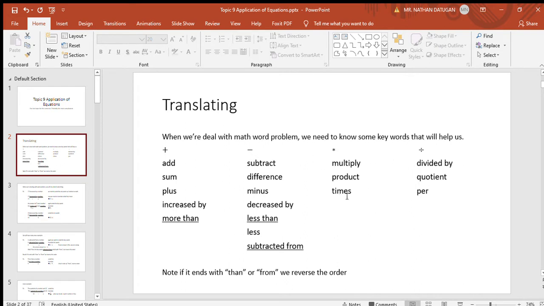Multiply, product, times, we're going to do multiply, and divided by, quotient, and pair means we're going to do some division. So you might notice that some of them are underlined. That basically says that the order is reversed. What do we mean by the order? Well, we'll get to that later.